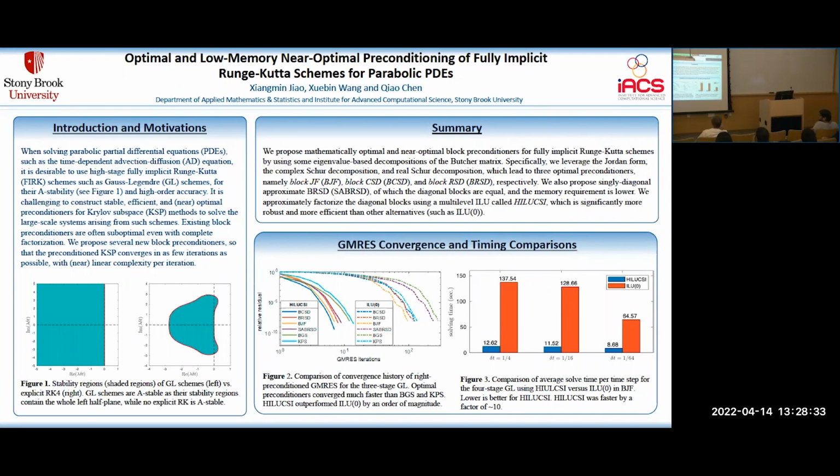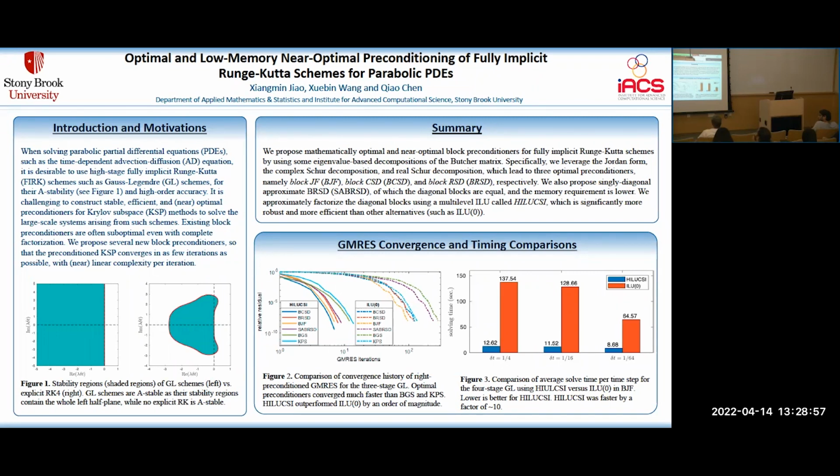We develop our preconditioning method in this order. We first develop our preconditioning method for the linear case, like linear parabolic equations, and then generalize it to the nonlinear case. Why do we do it? Because for the linear case, the system to solve for the staging vectors has a Kronecker product structure, which we can take advantage of.